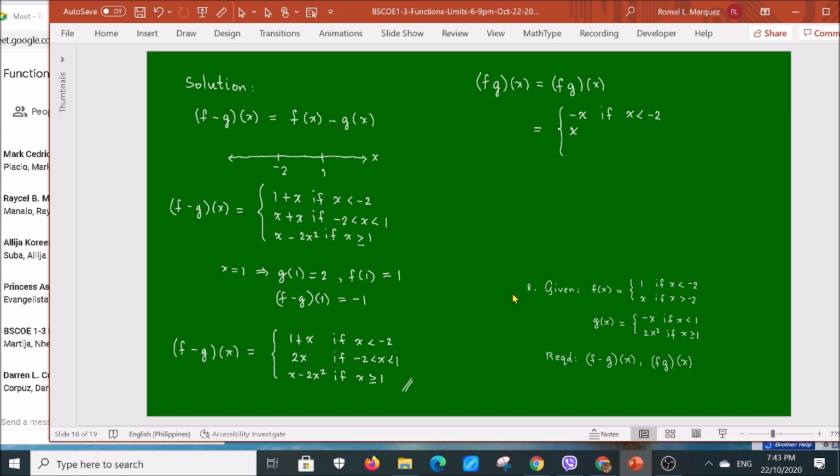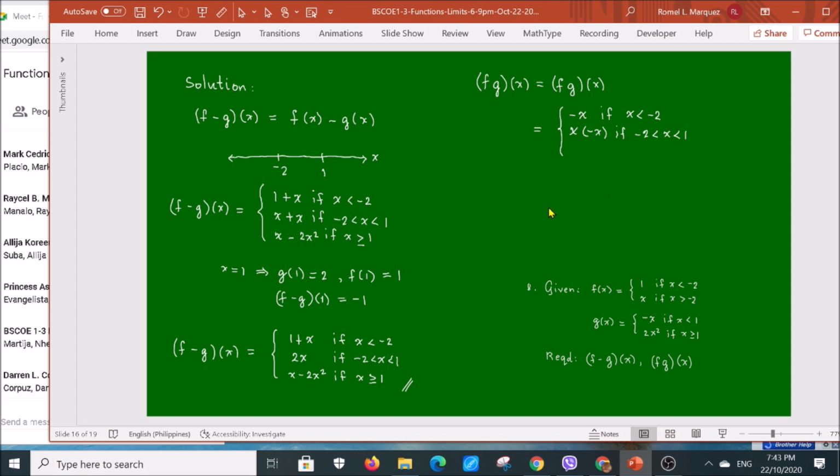But what is g? Between negative 2 and 1, an example is 0. So 0 is less than 1, so I use negative x. So times negative x. That is if x is between negative 2 and 1.